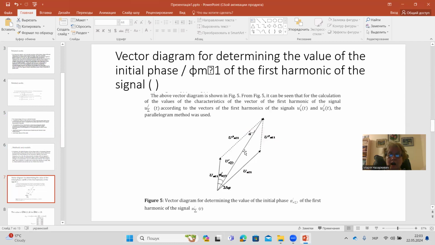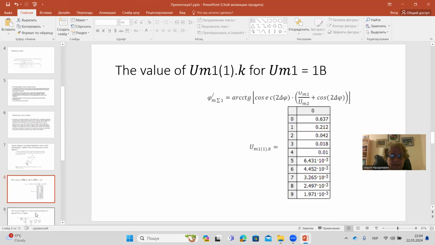The vector diagram for determining the value of the initial phase phi of the first harmonic of the signal U, where U is the sum of U1 and U2, for Um equal to 1 volt, is presented.